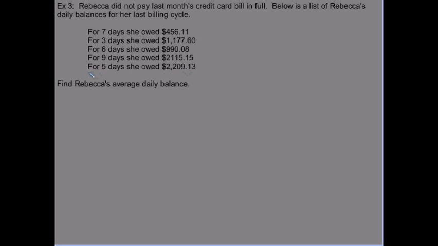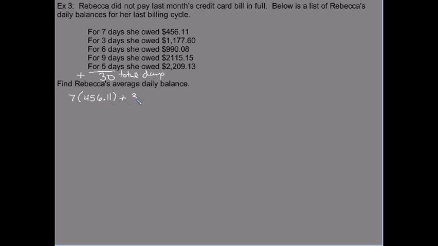So the first thing we need to do is find the total days. So we'll add 7 plus 3, which is 10, 16, 25, 30. So 30 total days. The next thing we do is take 7 days times 456.11.